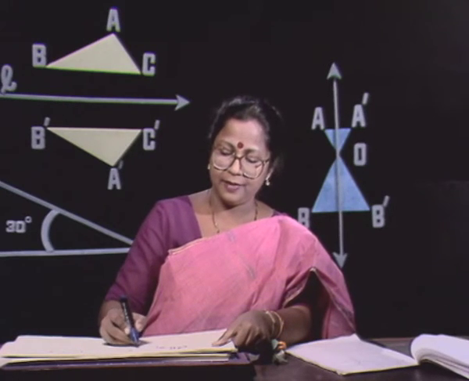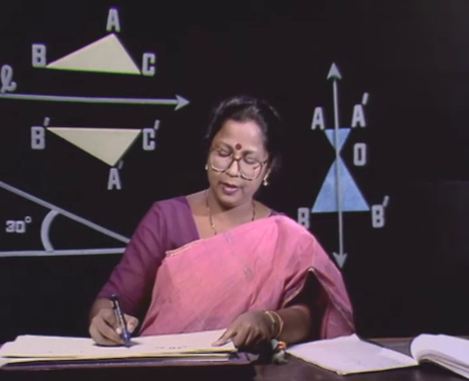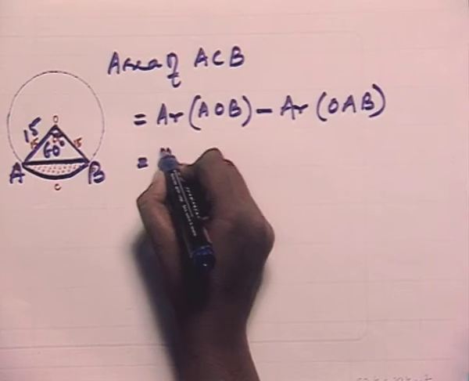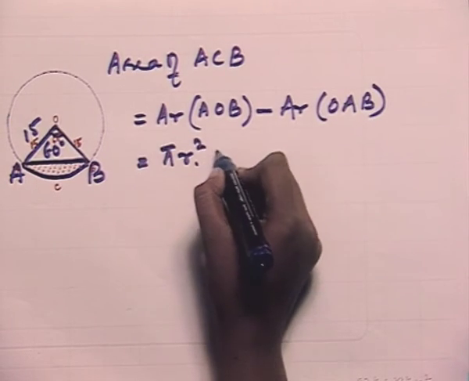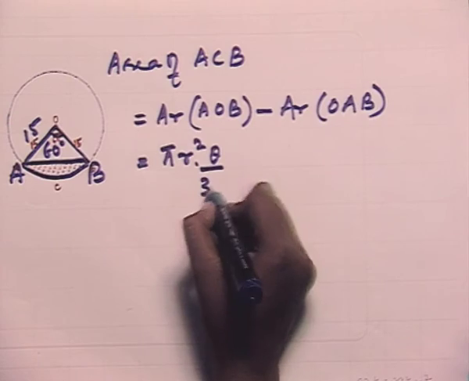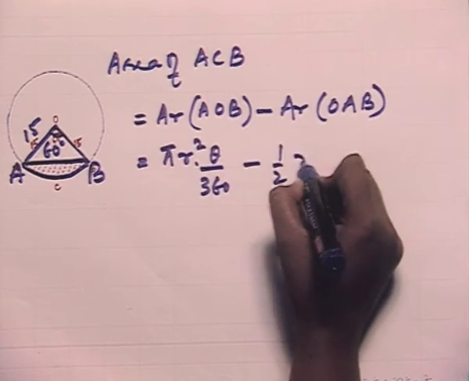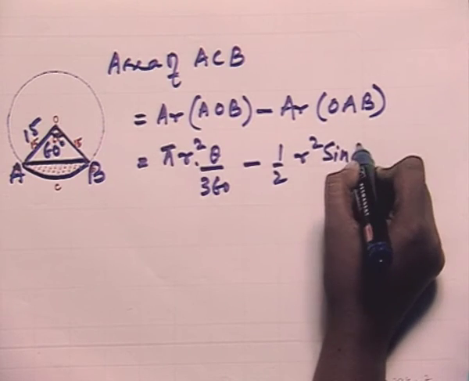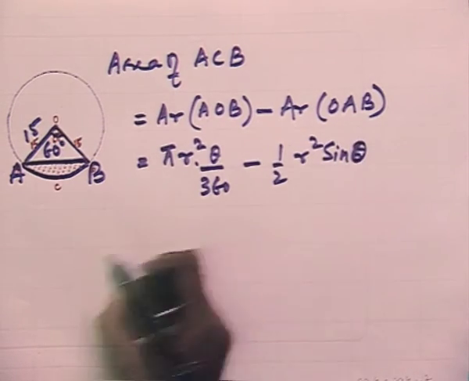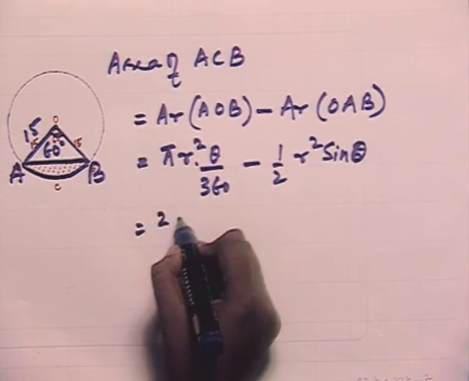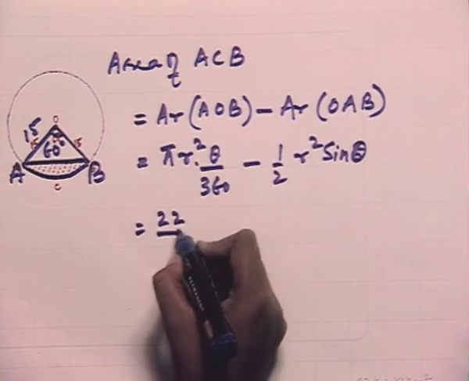Now, area of the sector AOB is equal to pi into r square. I am writing down the formula first, upon 360 degree, minus area of the triangle, which is half r square sin theta. Pi, we have been asked to take pi as 22 upon 7.